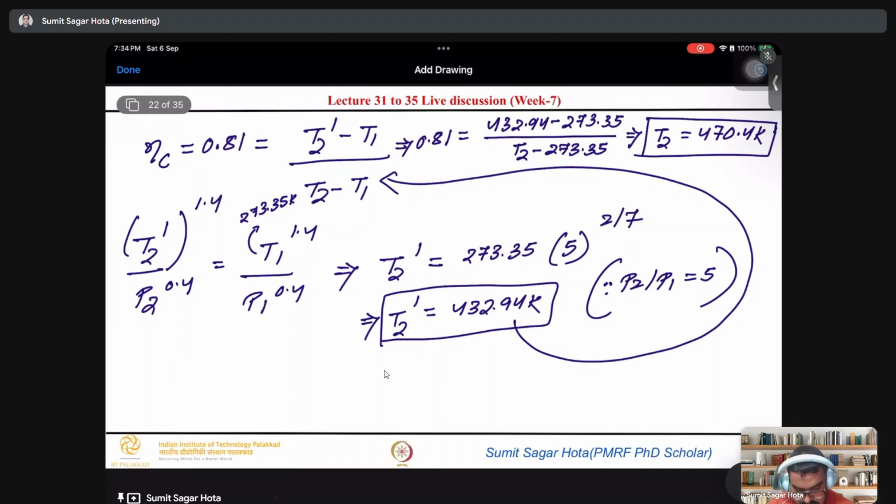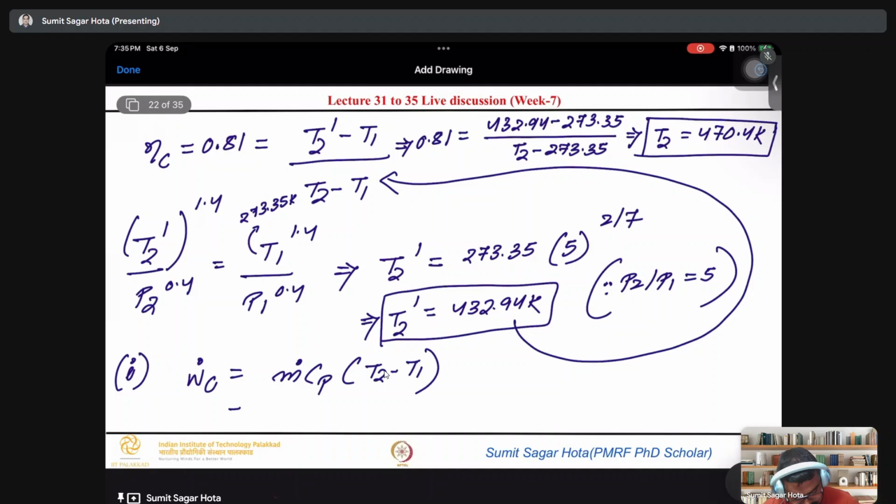So let's find out the work done by the compressor. Because we have T2 and T1, W is equal to m dot Cp into T2 minus T1.